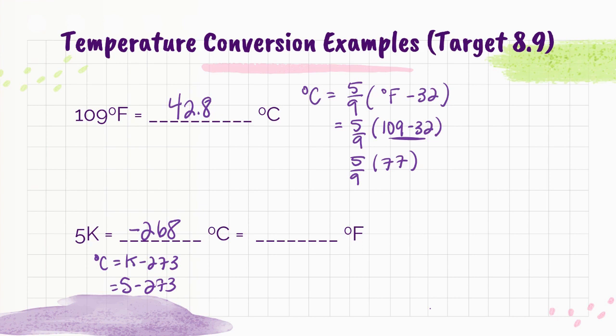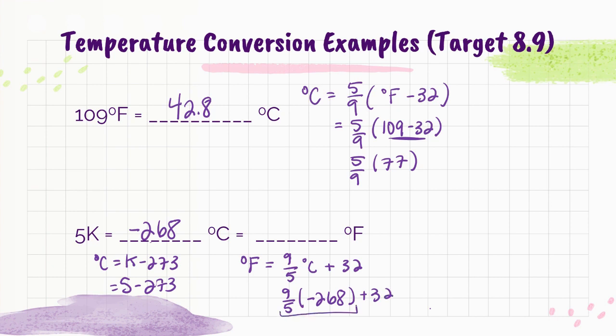Okay, so now that we have Celsius, let's convert that to Fahrenheit. We're going to use our Fahrenheit formula. That'd be 9/5 times degrees Celsius plus 32. Now we don't have to worry about parentheses. We'll have 9/5 times my degrees Celsius, which I just calculated, negative 268, plus 32.